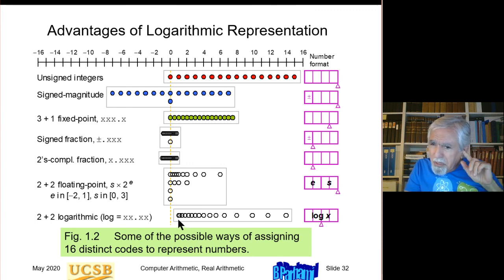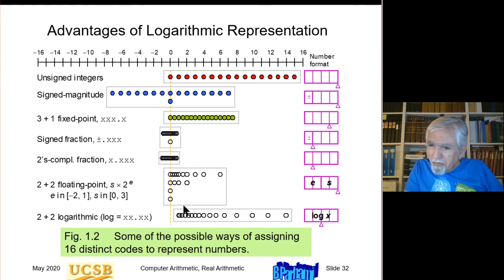Okay, so numbers go from near 0 to about 12. So you see it has a pretty wide range, almost equal to this integer format. But it has a lot of precision for small numbers, where we do need that precision.